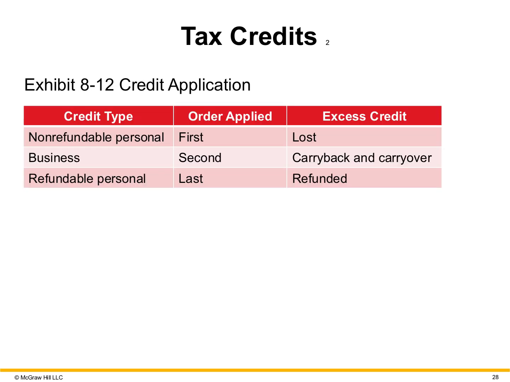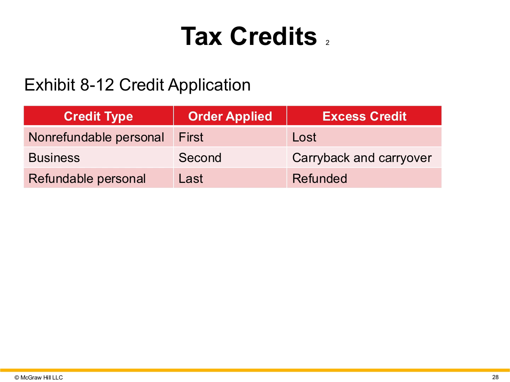The last topic that we want to talk about with tax credits is the order in which the credits are applied to a taxpayer, because the order does matter. When looking at our tax credits, our non-refundable personal credits are applied first, then our business credits, and then our refundable personal credits.